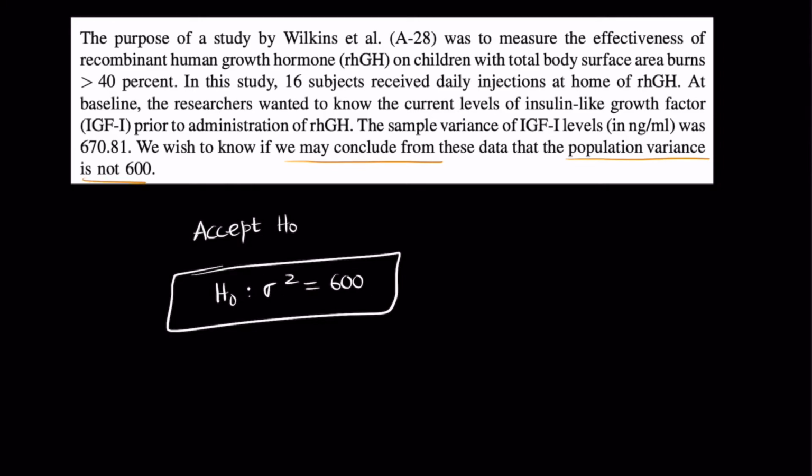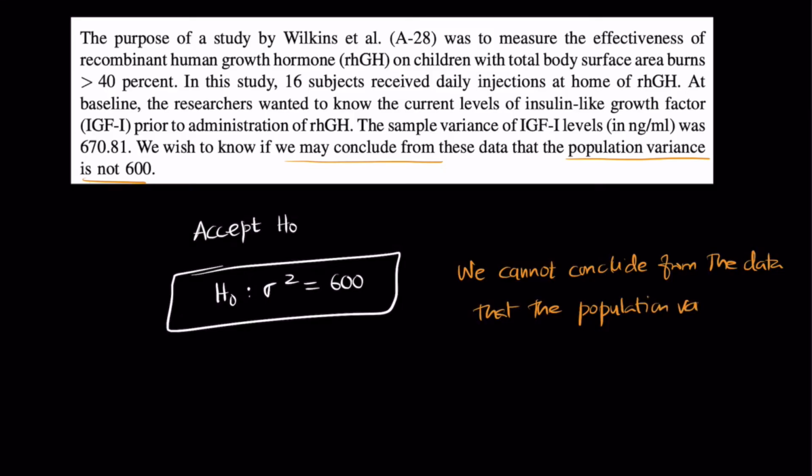So we cannot conclude from the data that the population variance is not 600.